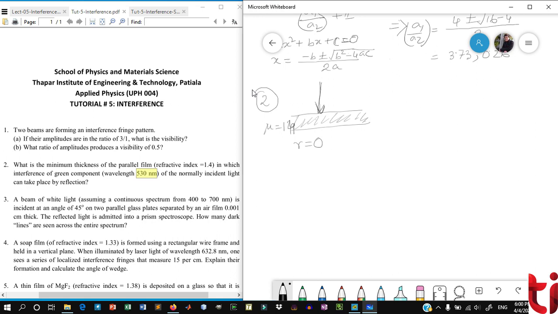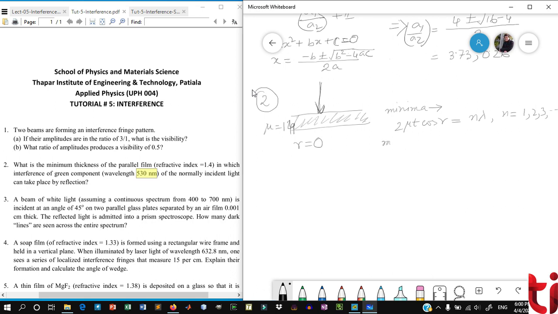One, for minima, the condition is 2 mu t cos r is equal to n lambda, where n is equal to 1, 2, 3, and so forth.